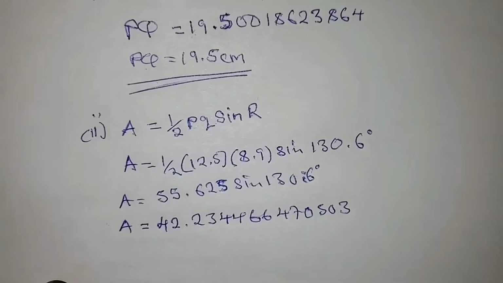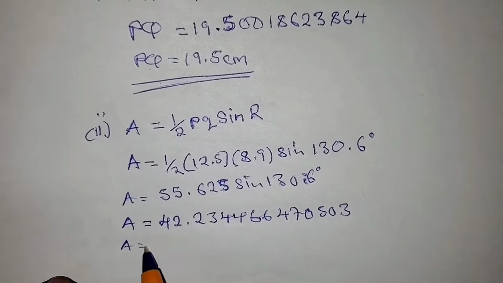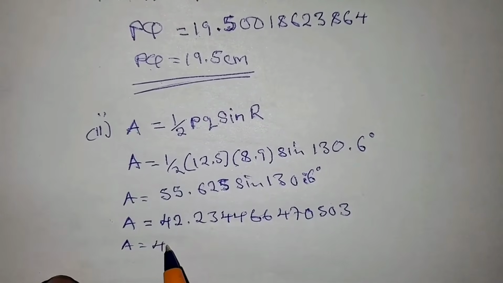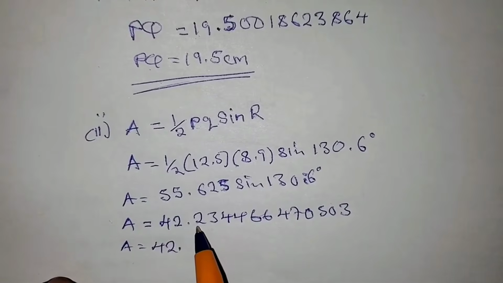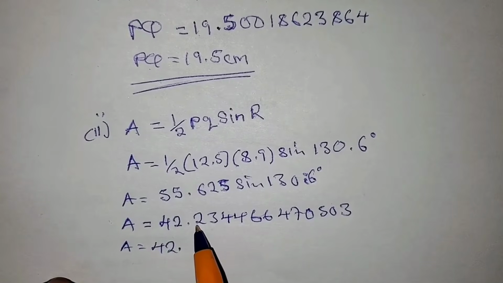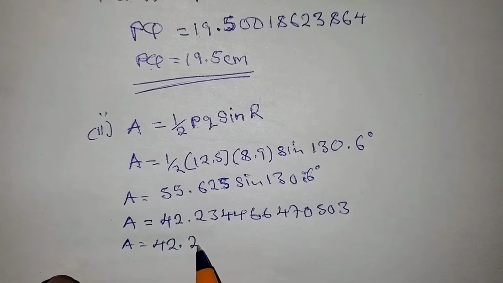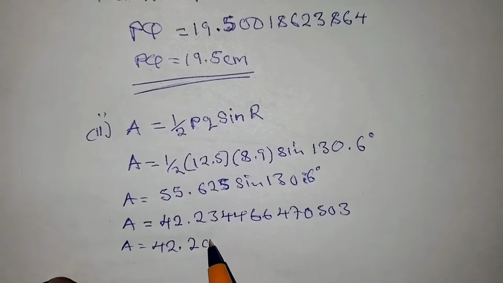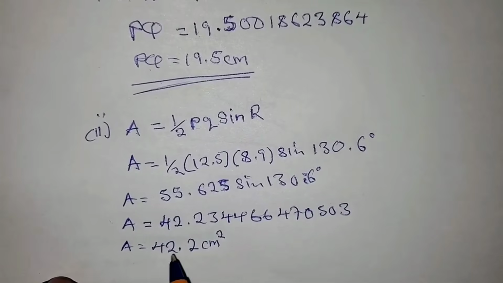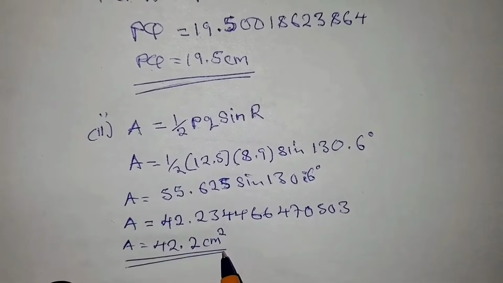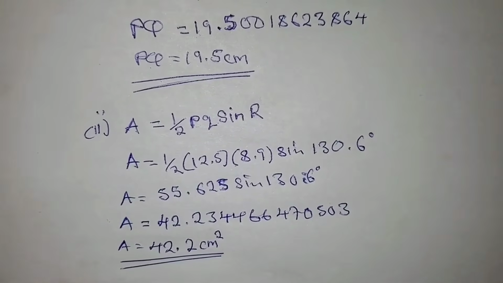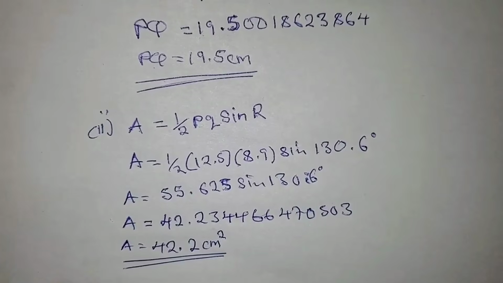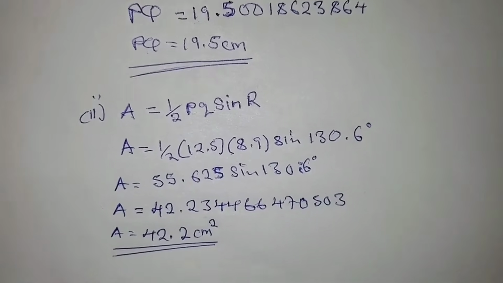When you round this off to 3 significant figures, we are going to have 42.2. This is the third number here, and after this there's a number which is less than 5, so we can't add 1 to this one, so these two just remain the way they are. Since it's area, it will be centimeters squared. Next question.